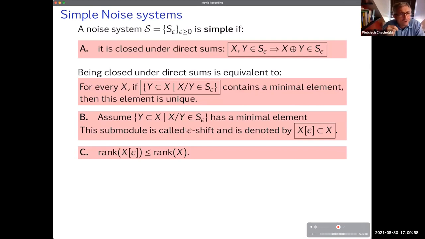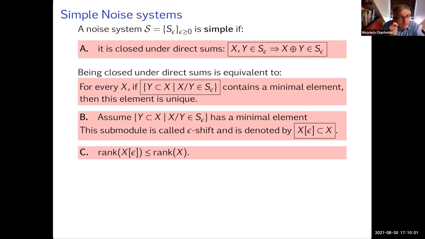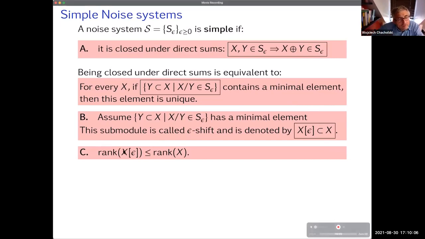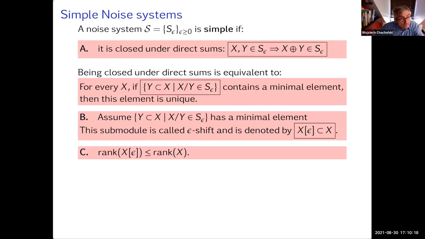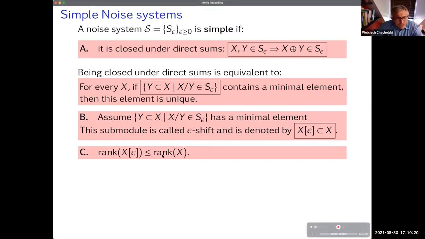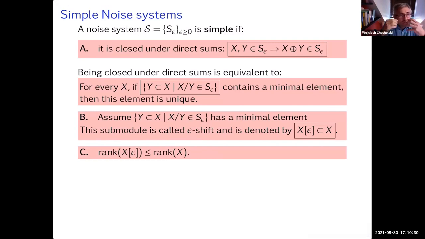Here's the third condition, the last condition, and it might look technical, but it's quite essential. What it means is that this shift does not increase the minimal number of generators. The rank of this shift is at most the rank of the original object X. This technical condition says that simple noise systems are intimately related to the rank, this very simple observable.